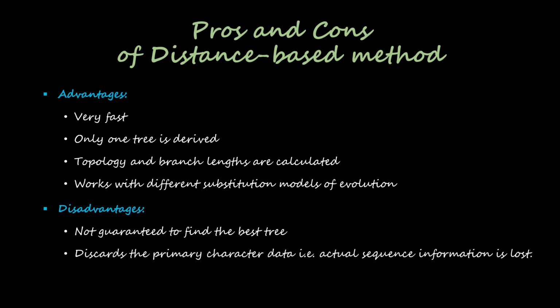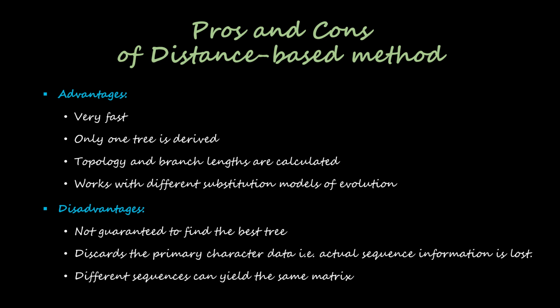Discards the primary character data, that is actual sequence information is lost. So the very important thing in distance-based methods is that you are converting all the sequence information into distances, and the actual sequence information is getting lost during this process. So this is one of the major disadvantages of distance-based methods, and different sequences can yield the same matrix.